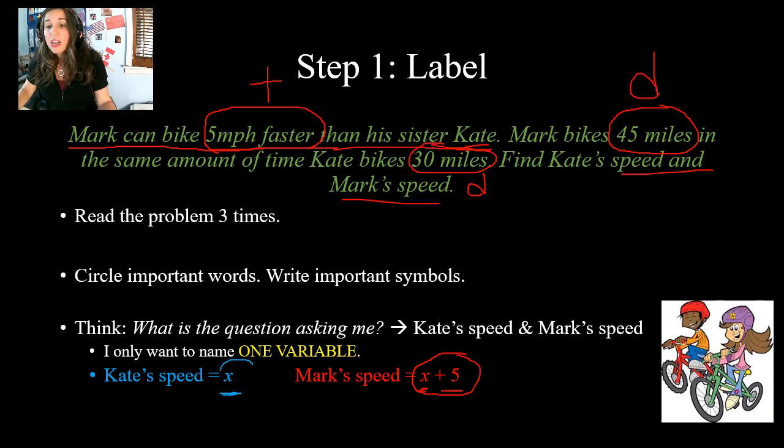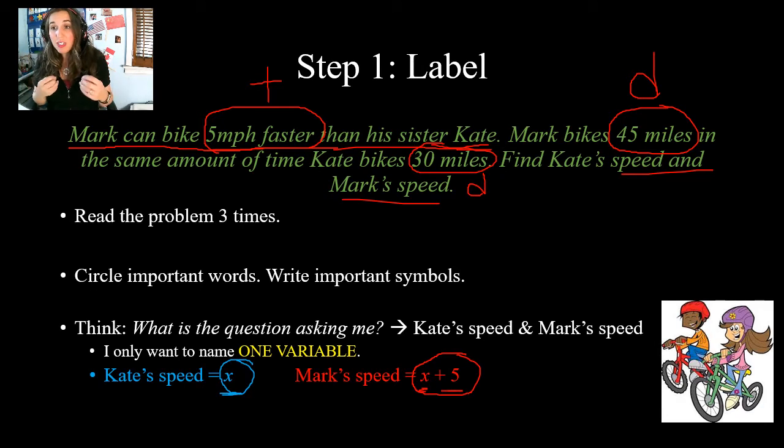And by writing Mark's speed in terms of Kate's speed, I've only got my one variable. I've met that requirement. I only ever want to be solving for one variable. X is my one variable. And I can write both speeds in terms of X, right? If we call Kate's speed X, then Mark's speed is Kate's speed plus 5 more miles an hour because it told us he can bike 5 miles an hour faster.